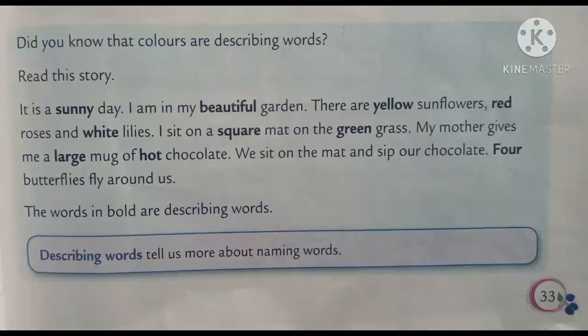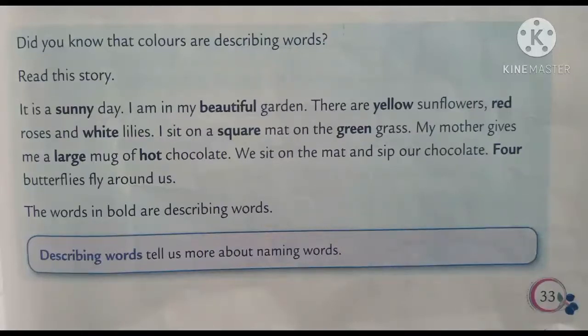Now, children, in the first sentence, the noun over here is day. Now, what kind of day was it? Sunny day. So, the word sunny is describing the noun, that is day.